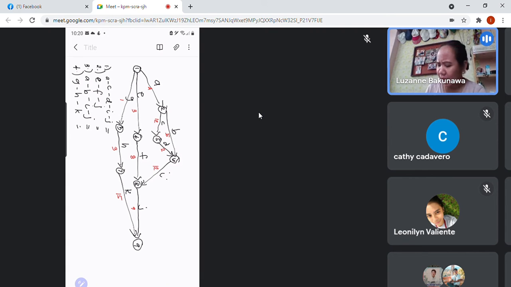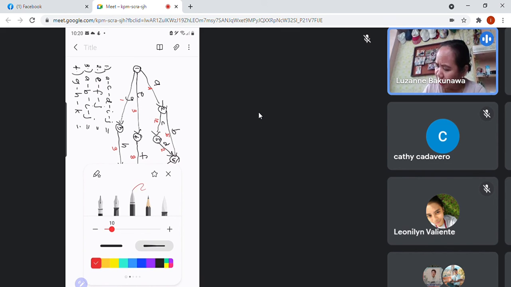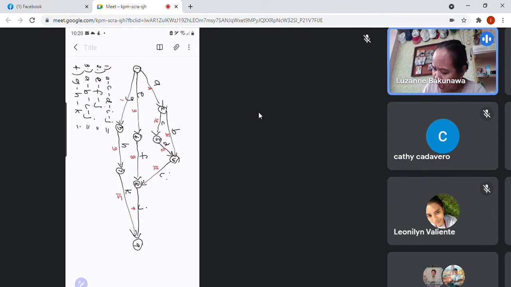I will use another color, red. So A is 4, plus C 12, plus D 2, plus I 12, plus J, which is 9.